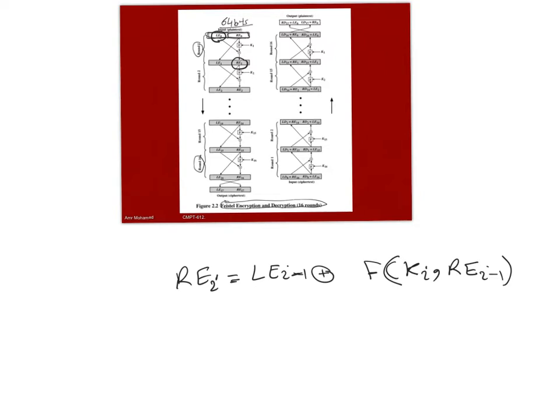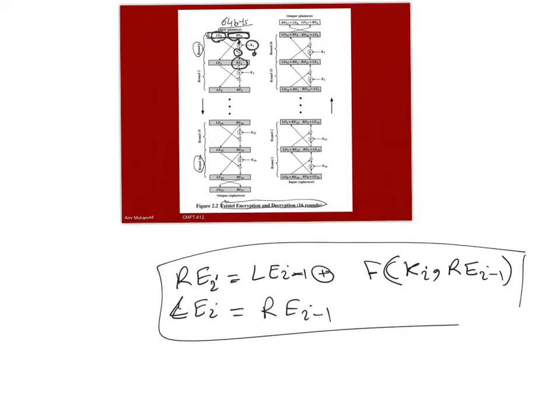Are you following this? So we take the right element and perform function F. Function F takes the key, which is key 1, and the right element R0, performs this function, and then the output is XORed with the left element i minus 1. And the left element of i equals, very simply, the right element of i minus 1. So these two equations, in fact, summarize the Feistel structure.